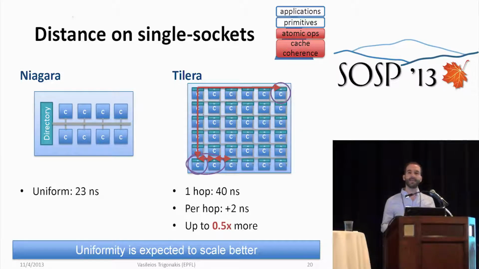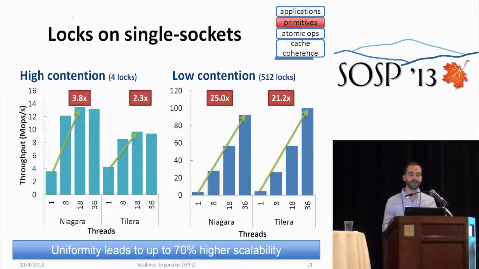So in the end, the two most remote cores communicate with 50% more expensive latencies than two adjacent cores. We actually expect that the uniformity of the Niagara will lead to higher scalability than the non-uniformity of the Tilera. And let's see how this appears in our experiments.